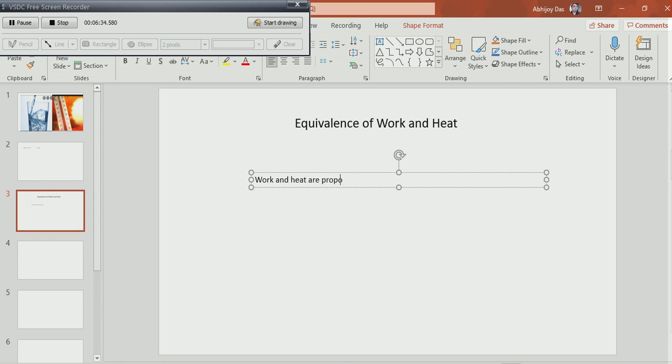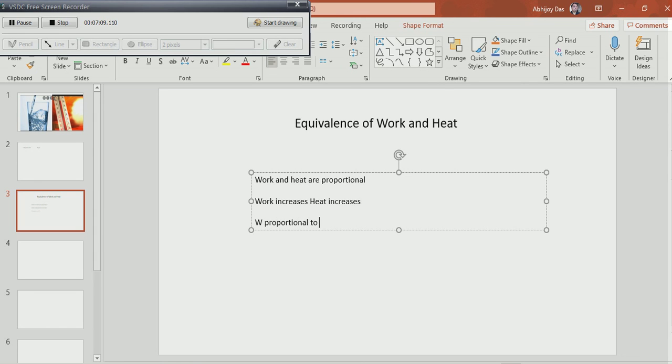Means W is proportional to heat. To eliminate the proportionality sign we need a constant factor. So we can write that W equal to J H.